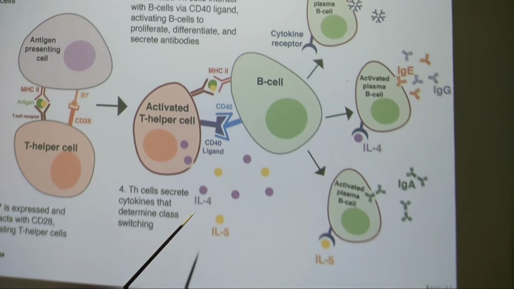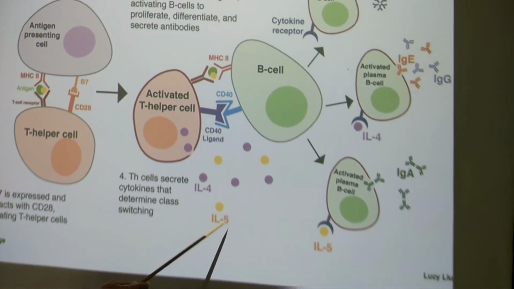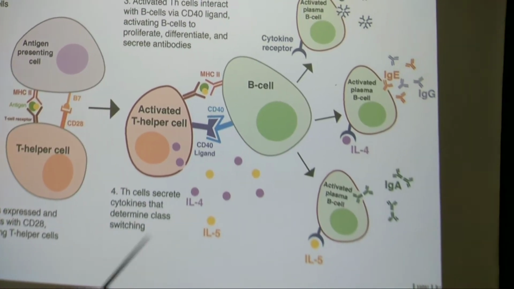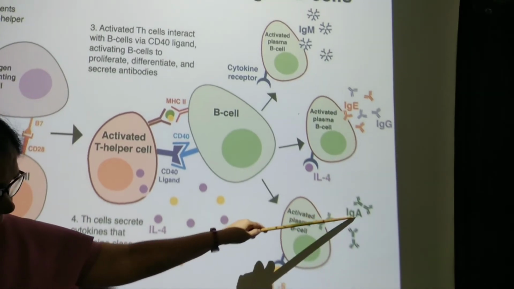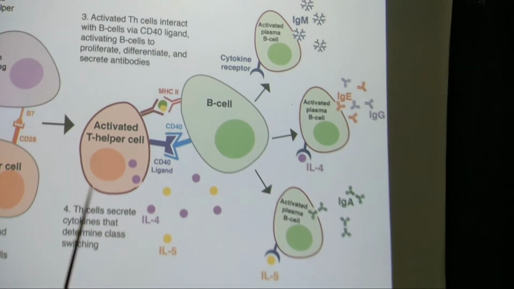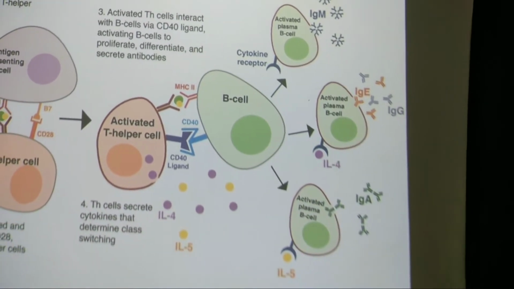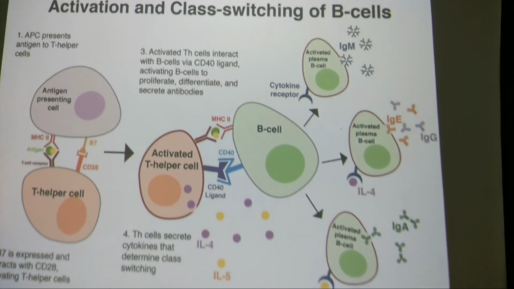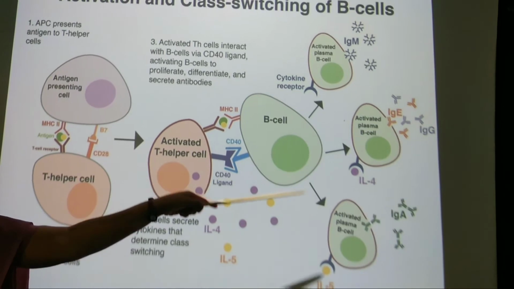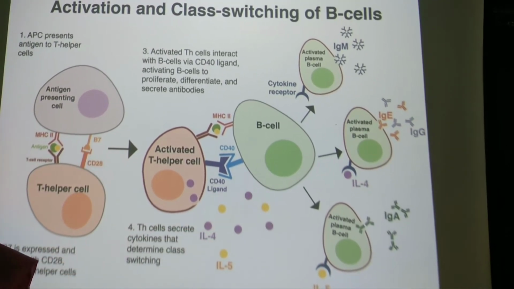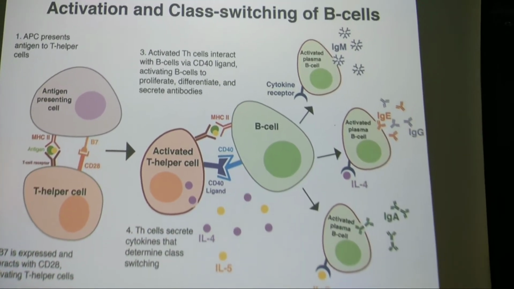At the same time, if cytokine interleukin 5 is present, then there is a switch from IgM to IgA production. So there is a change in the production of antibodies, and this is called class switch. There are different effector functions for the different types of antibodies that are produced.